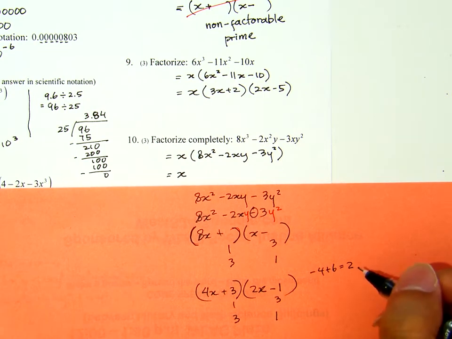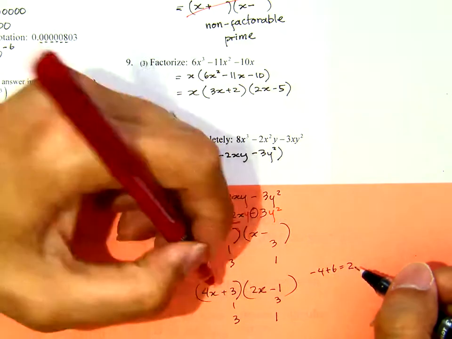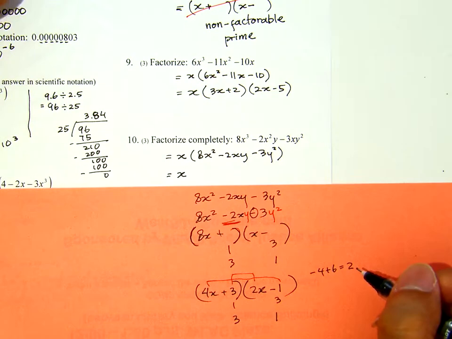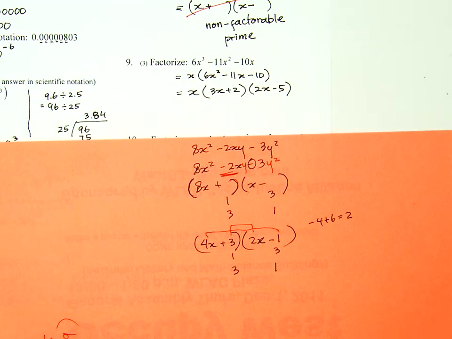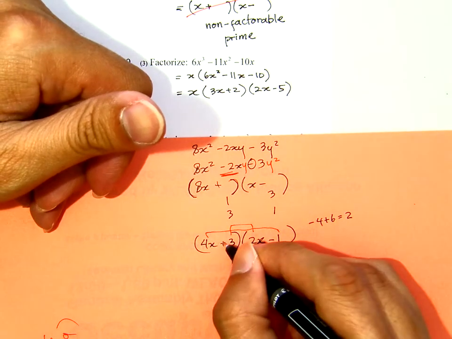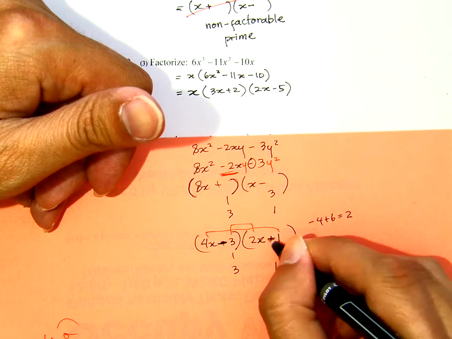But what I need is negative 2 though. Right? Negative 4 plus 6 gives positive 2. Now how to get around to make it negative? What I will do is I change this here to minus, and the one here becomes plus.